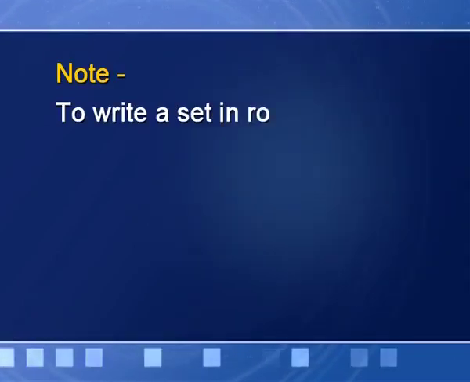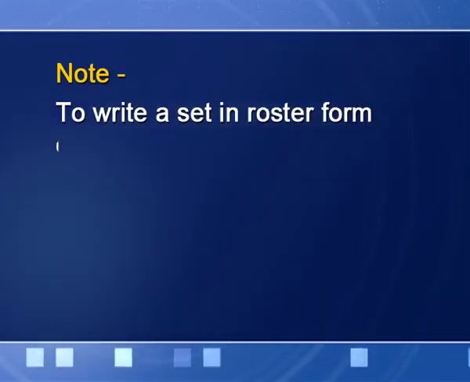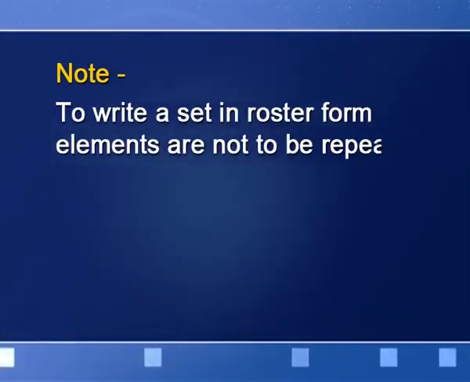To write a set in roster form, elements are not to be repeated. Whenever, friends, we are writing a set in roster form, we may have elements which are repeating, but when we write the set, we include them once only.